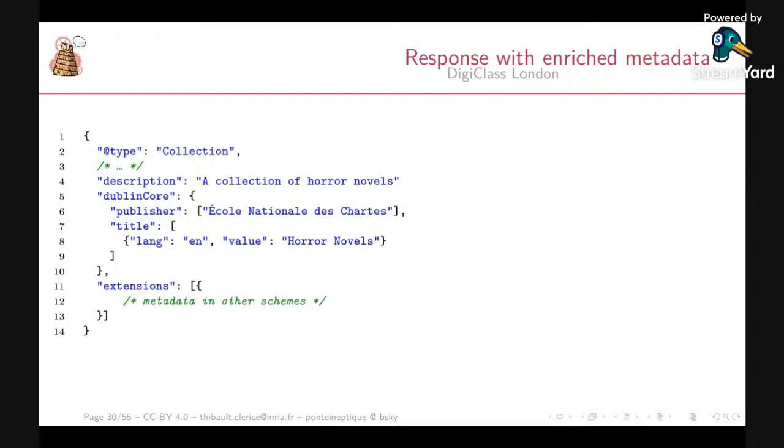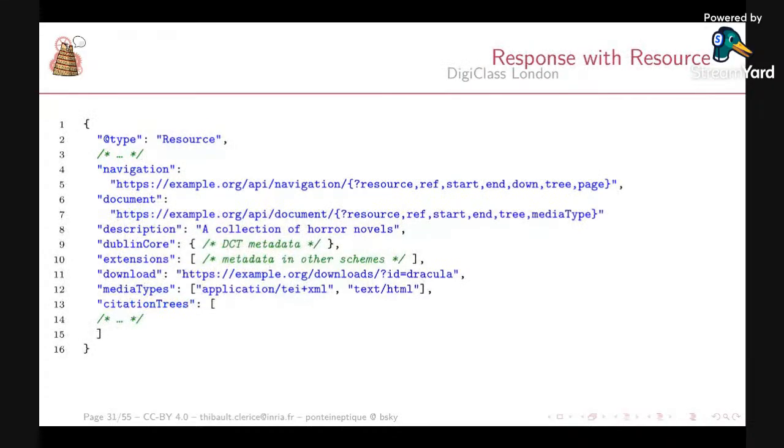So you can basically use Dublin Core terms, sorry, to be very specific. And you could have media types. So what I know with this is that this is a resource.